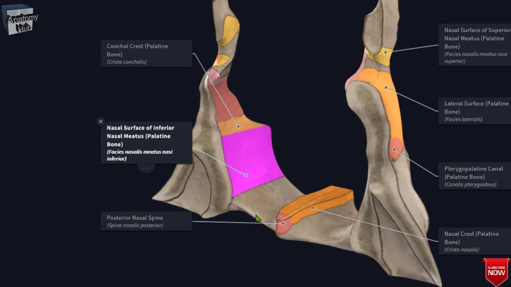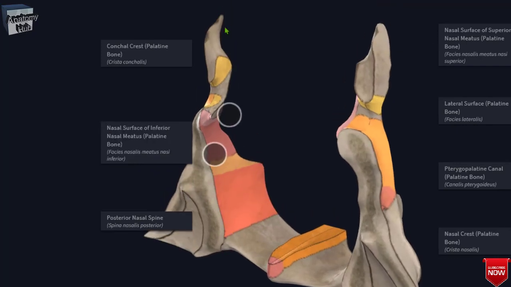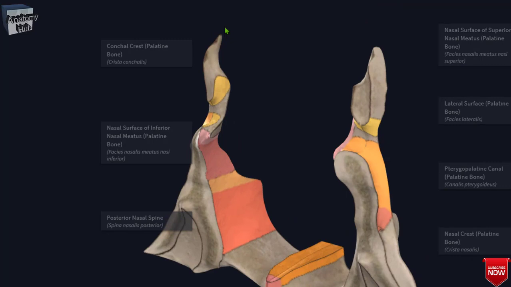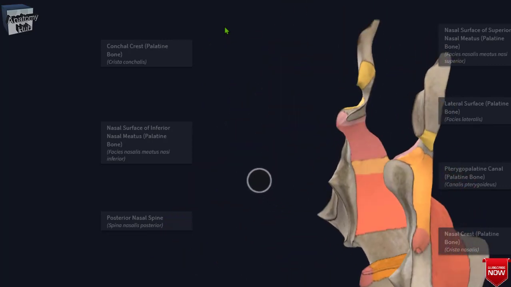The posterior border of the perpendicular plate of this palatine bone articulates with the medial pterygoid plate of the sphenoid bone. Superiorly you will find the orbital process and the sphenoidal process, which I will show you over here.